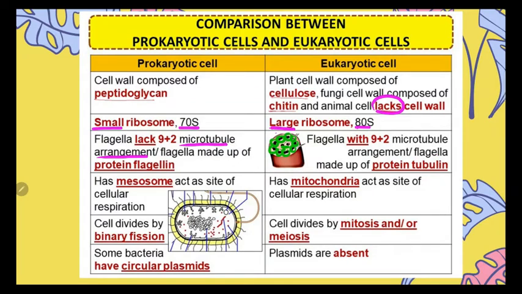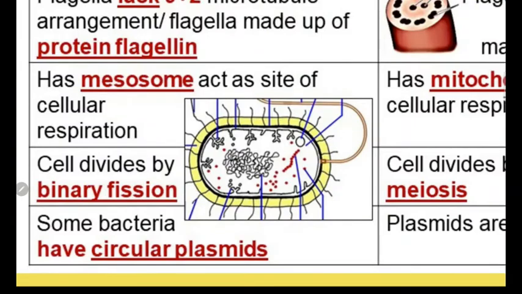Okay, next is a structure known as mesosome. Only bacteria or prokaryotic cell will have mesosome. So where is the mesosome? Okay, let's zoom in this diagram. Okay, where is the structure of mesosome? So this is mesosome. Here.